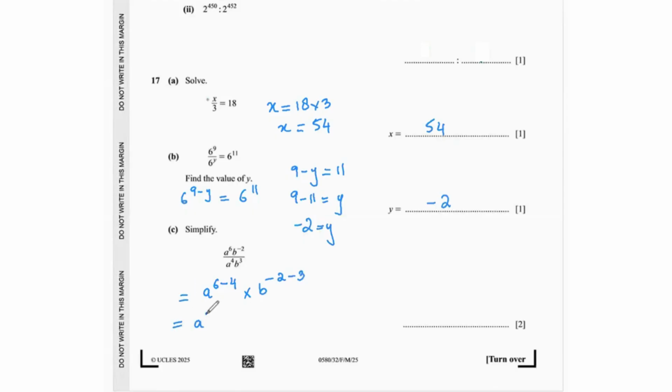That gives us a squared times b to the power of -5. It's always advised to give the index as a positive power, not a negative. So we can rewrite this as a squared over b to the power of 5. That is a simplified answer.